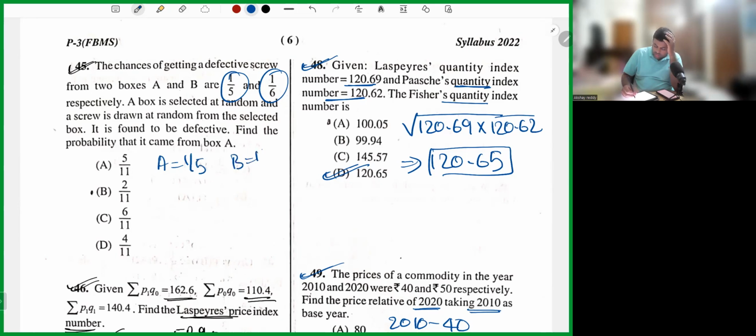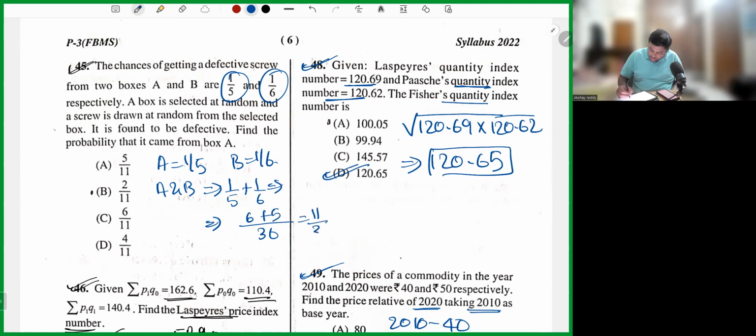Getting from B is 1 by 6. For both A or B, I consider 1 by 5 plus 1 by 6. What are we going to get? What is the LCM, my dear friends? LCM is 30. So 6 plus 5, 11 divided by 30.